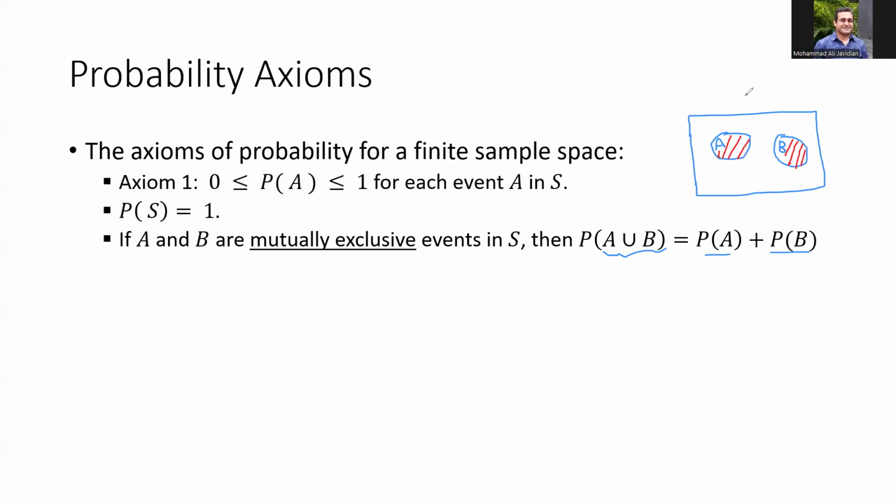As you can see, since there is no overlap between these two events, the probability of A union B equals P of A plus P of B.